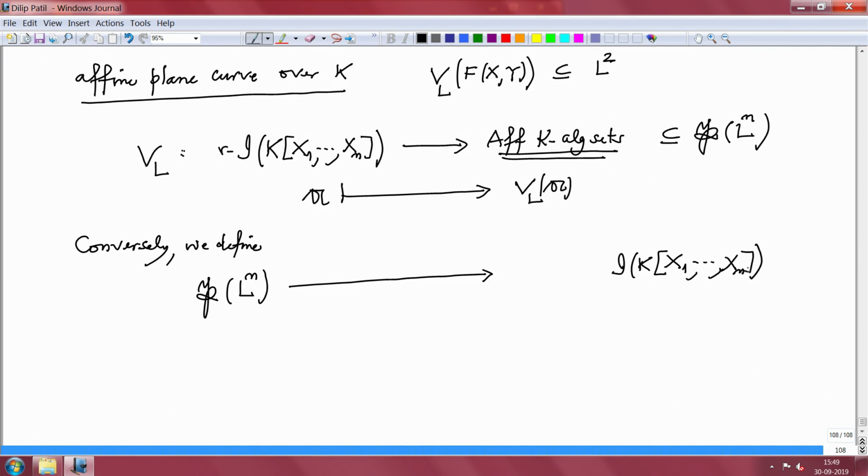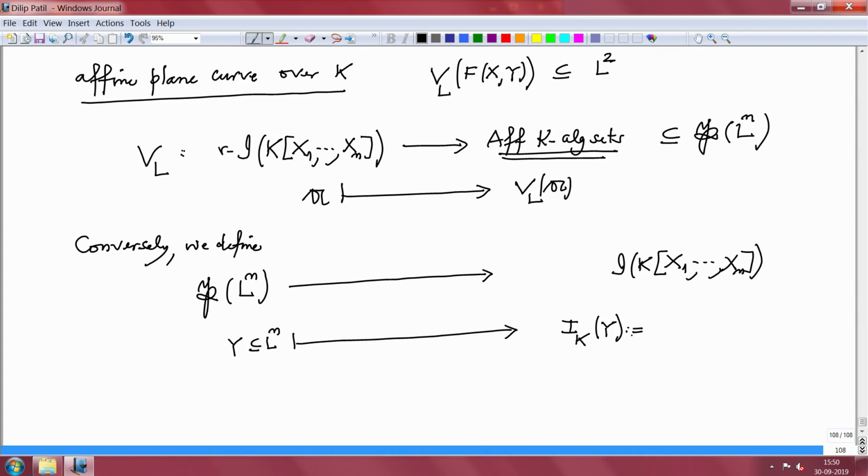And what is the map? Take any Y, an arbitrary subset of L^n, and where do I map it? I will write it I_K(Y), just to remember. So, this is by definition.